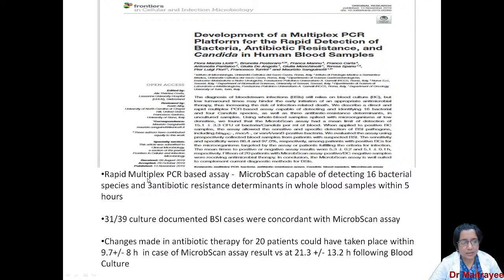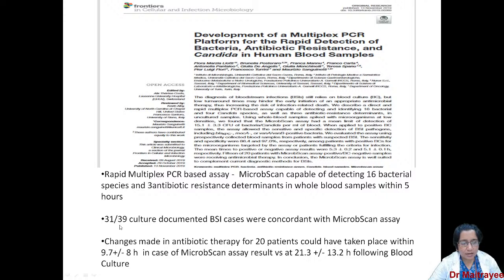Another feature is the development of a rapid multiplex PCR-based assay, the MicroB-plex. This study was done by Liotti et al., and they developed a multiplex PCR platform for rapid detection of bacteria, antibiotic resistance, and Candida in human blood samples. This was published in 2019.